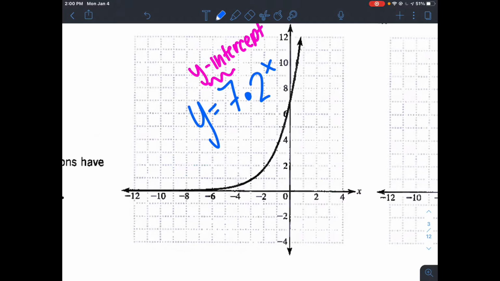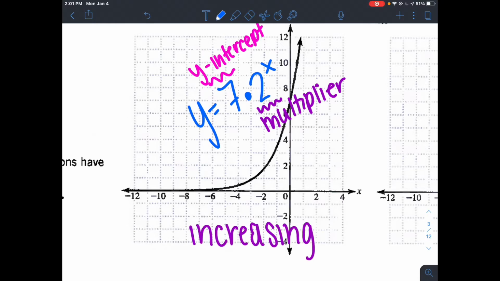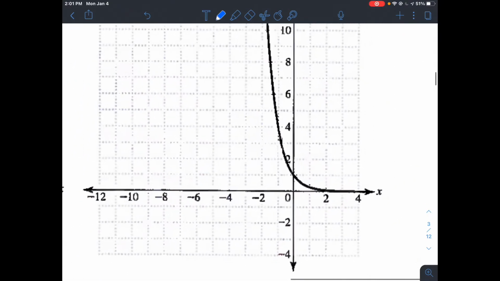And then my multiplier is times 2. How did I know that? Well, I can find nice points and see, from this point to this point, I increased by multiplying by 2. I'm also increasing. If I have a whole number, my function is increasing. Okay, let's go to the next one.